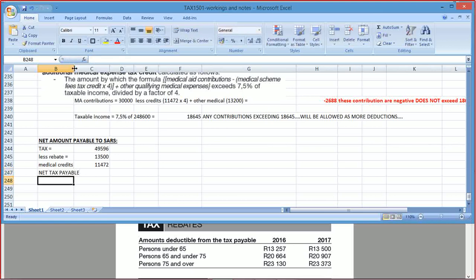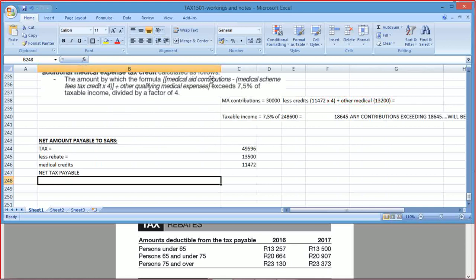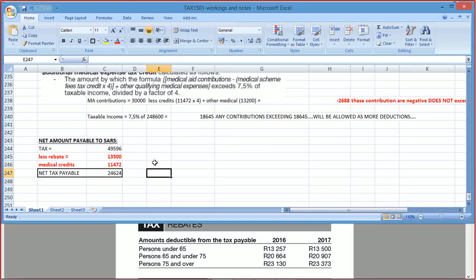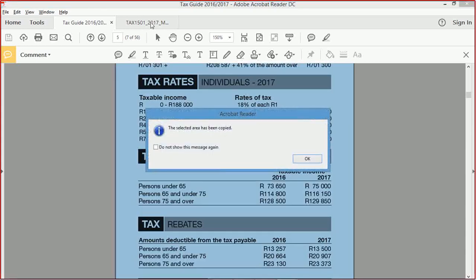There are our medical credits. She had no other additional qualifying expenditure. So her net tax payable would be the difference between those amounts. This minus that gives you the amount she would have to pay. Net tax payable.